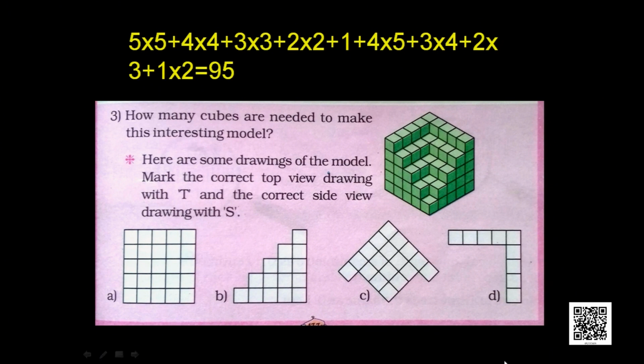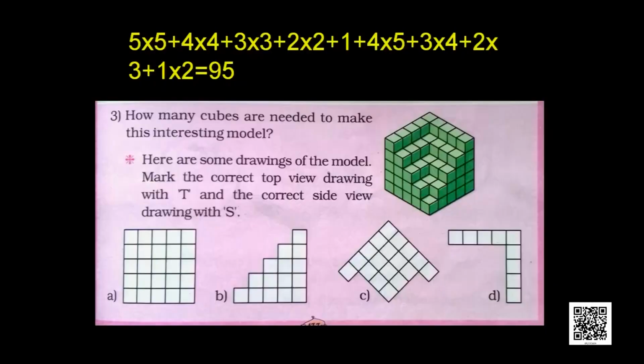Now, there is another question. Here are some drawings of the model. Mark the correct top view drawing with T and the correct side view drawing with S. Again you see movement of the mouse here, this A. If I see it from the top, I will see only a square.